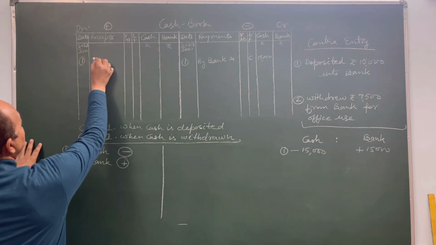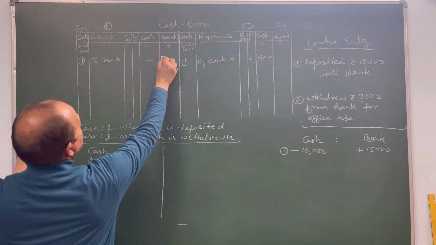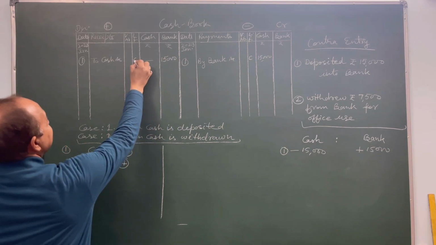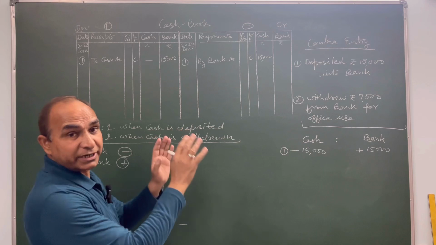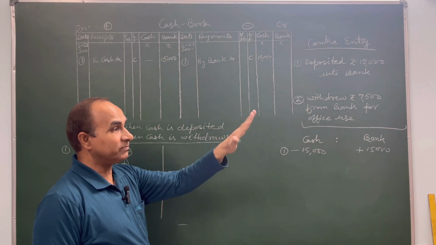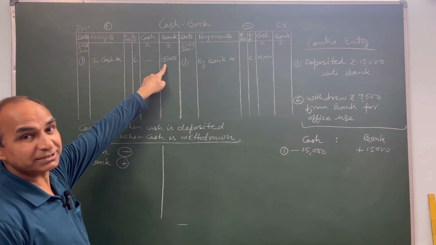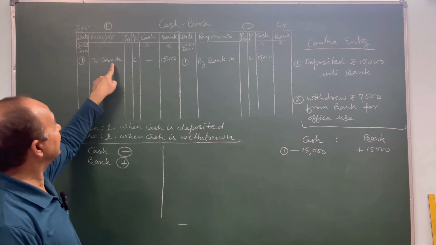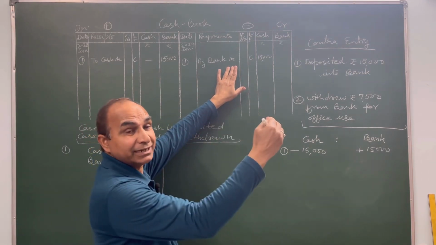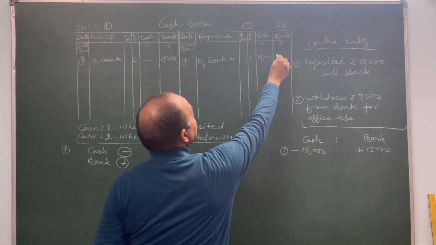We will write to cash account, bank balance increased by 15,000, and in the ledger folio column we will write C. So this is the contra entry, the first case: when cash is deposited into bank, bank balance increases and cash balance decreases. To show that bank balance increased, we record on the debit side, and in the particulars column we write to cash account. To show that cash decreased, we record on the credit side, the right hand side, by writing by bank account C, then 15,000 in the cash column.